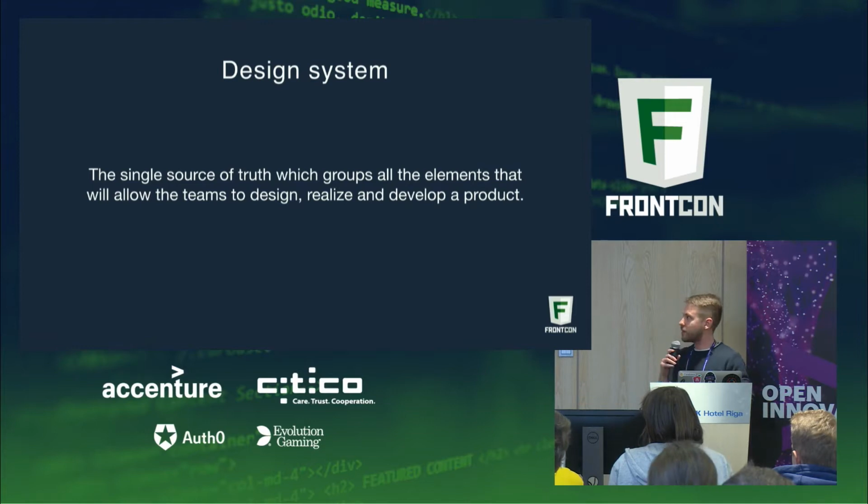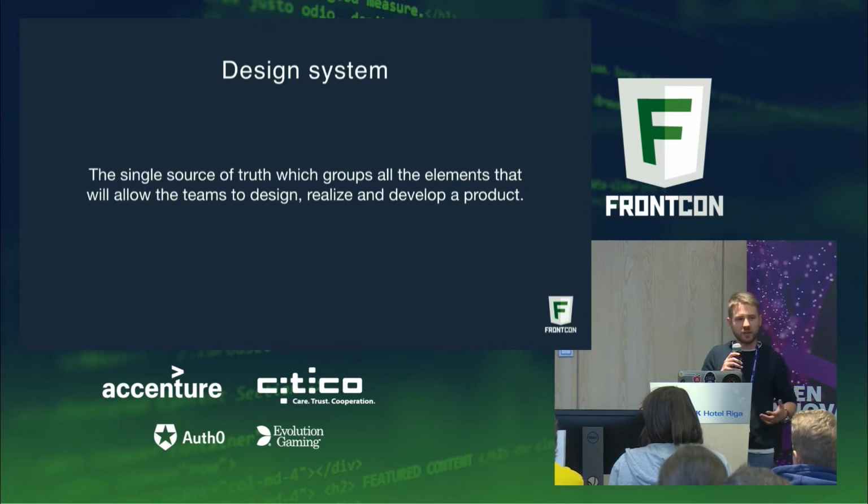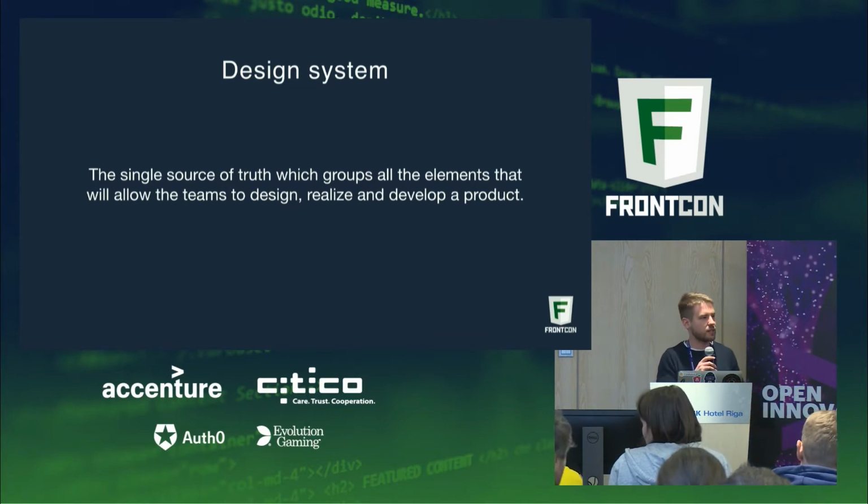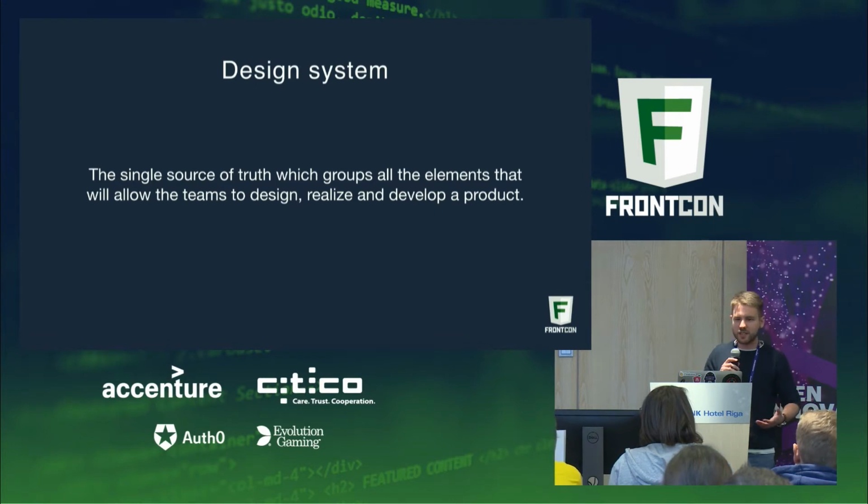One of the definitions says a design system is a single source of truth. Basically, a design system is a lot more than developers usually think of. When we say design system, developers think of style guides. But it's not just a style guide.